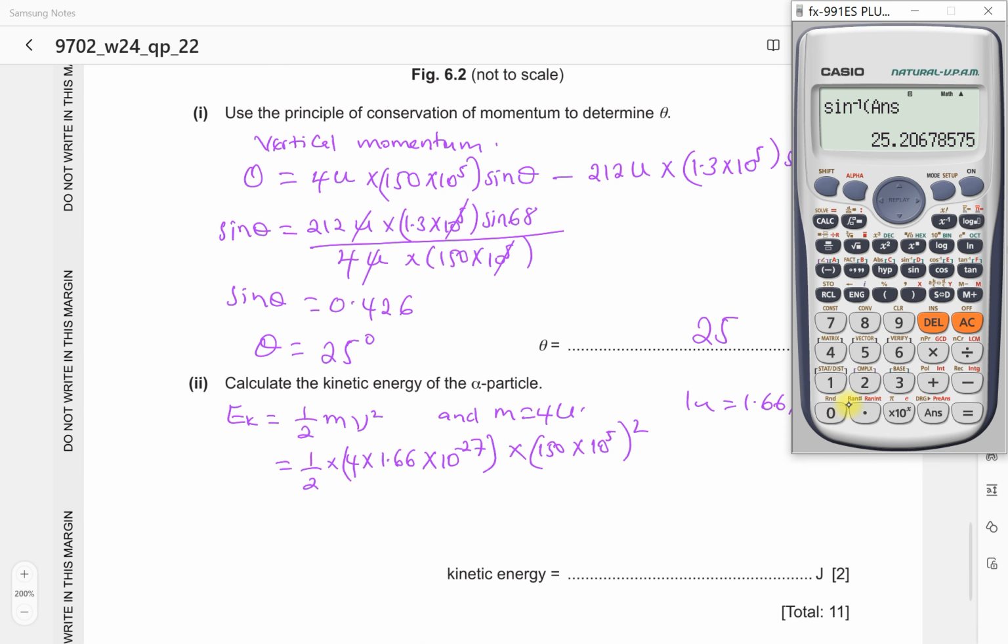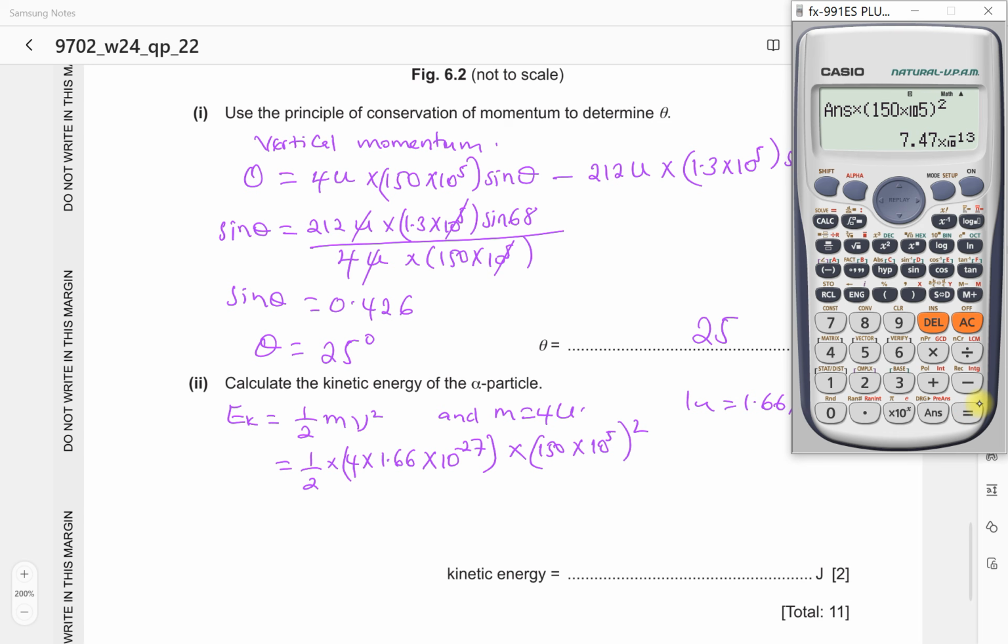So 0.5, that is a half, times 4 times 1.66 exponent minus 27, then times 150 exponent 5, squared.